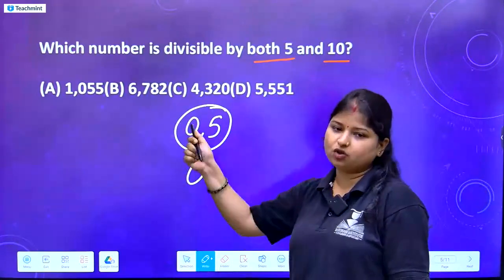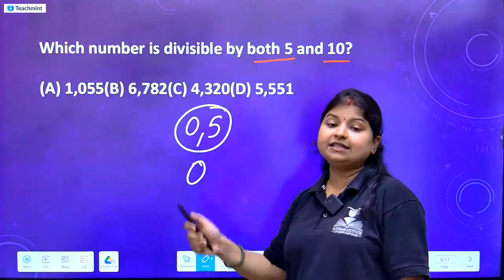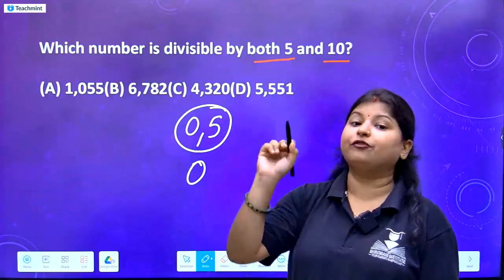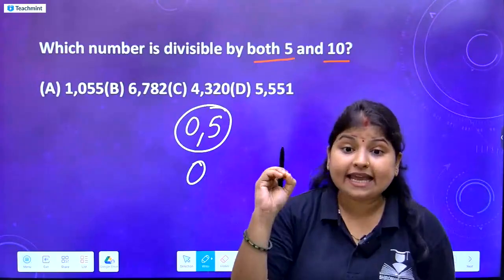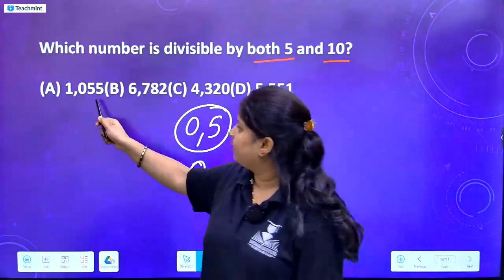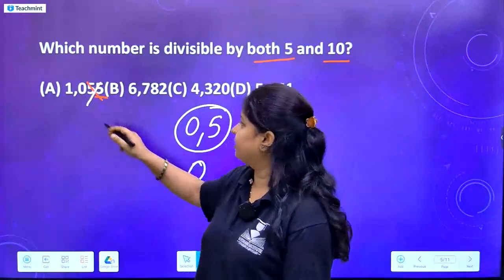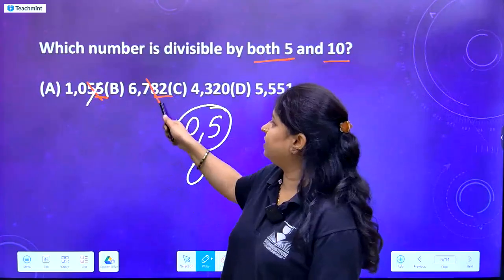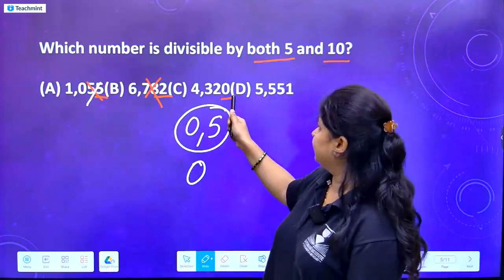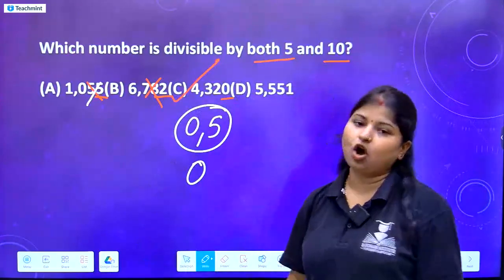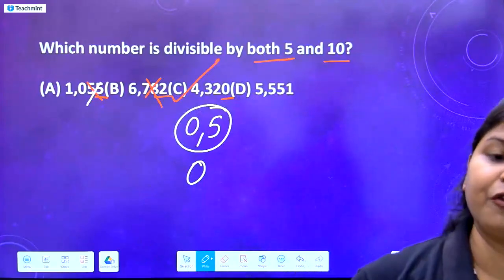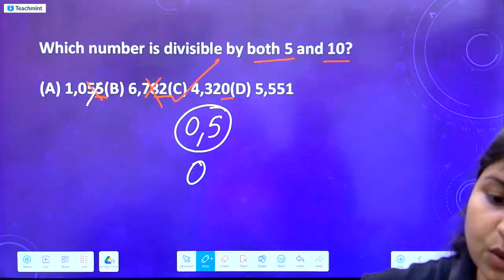So 0 is common in both. That means let us check which option has 0 at the end. 5 at the end can't be my answer. 2 at the end can't be my answer. 0 at the end, option C is my answer. 4,320.